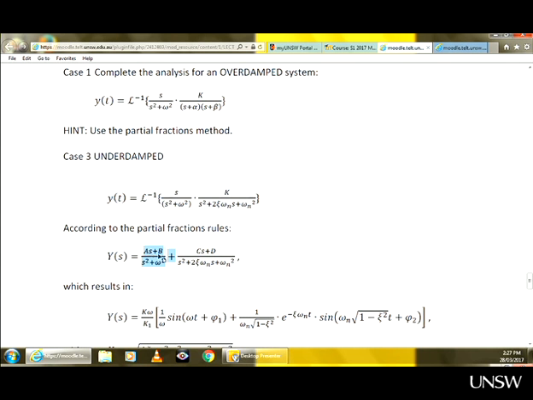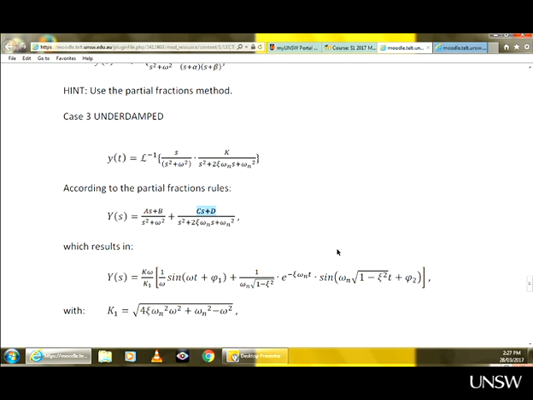Therefore, you need a first order polynomial in the numerator, as plus b. Over here, again, you have a second order denominator, so the numerator has to be first order. So you need to find 4 constants, a, b, c, and d.